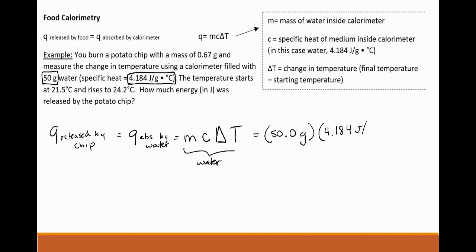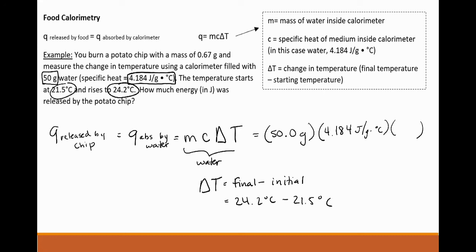And then finally, we need to calculate the change in temperature. So for the change in temperature, we're going to take the final temperature and subtract the initial temperature. Our final temperature was 24.2 degrees Celsius, and our initial temperature was 21.5 degrees Celsius.